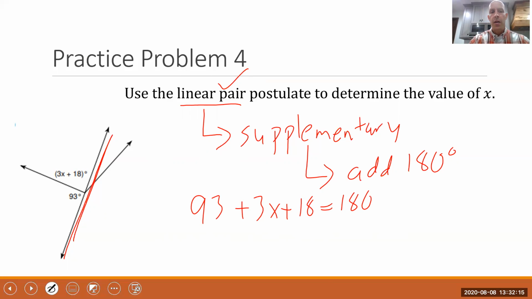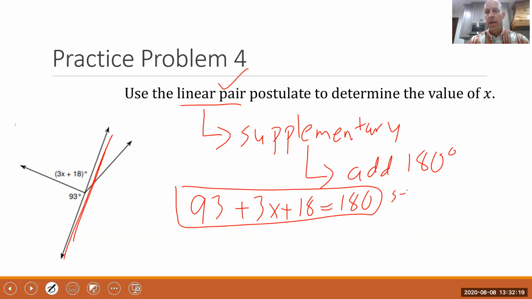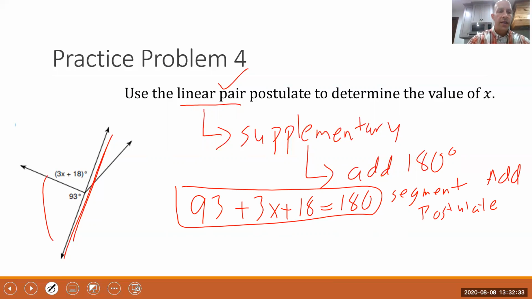But the reason I can do this step here is because of the segment addition postulate, which was in a previous lesson. I forgot to put addition. The segment addition postulate is what allows us to say that this angle plus this angle is the whole angle. Okay, that was our previous lesson, lesson 1-4.